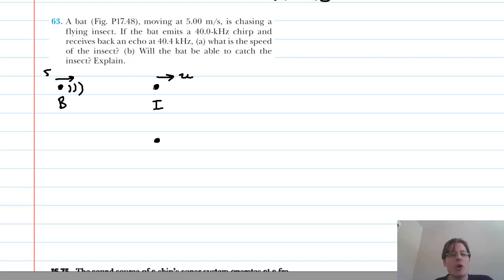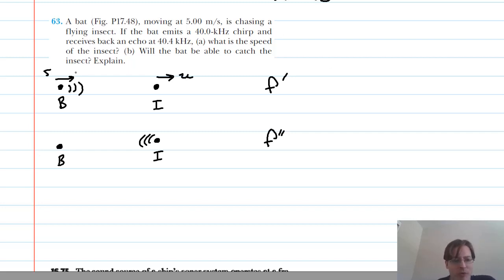The insect would be hit by waves of frequency f prime. But those waves then reflect off the insect. The insect is in motion as the waves are being emitted from it, and so there's an additional Doppler shift there. There's an f double prime that has to be accounted for. That's the frequency the bat picks up in the reflection.